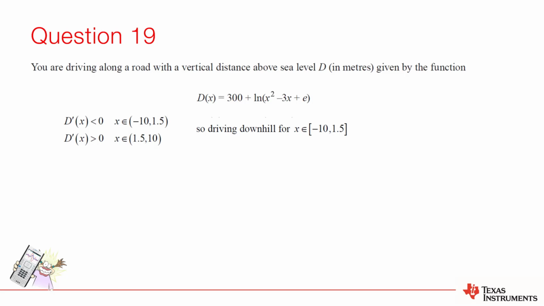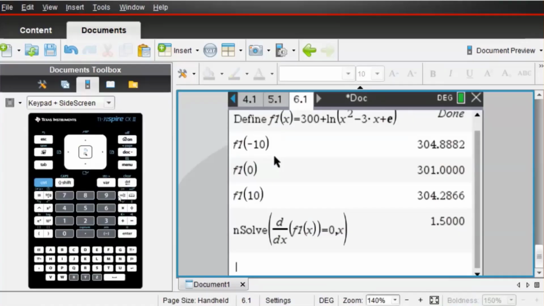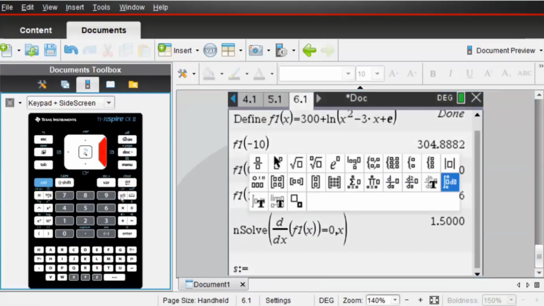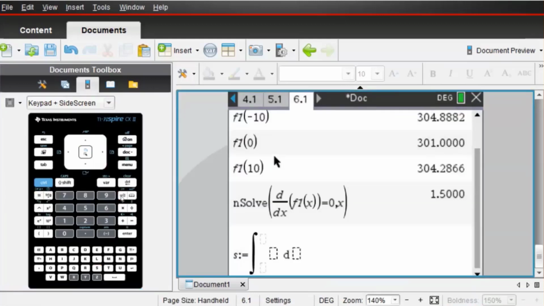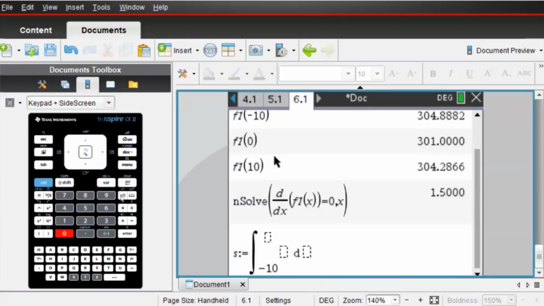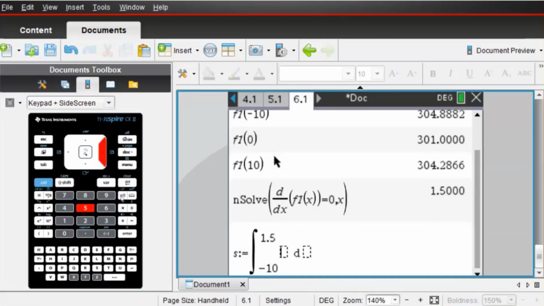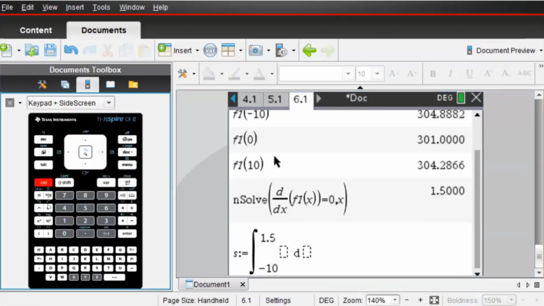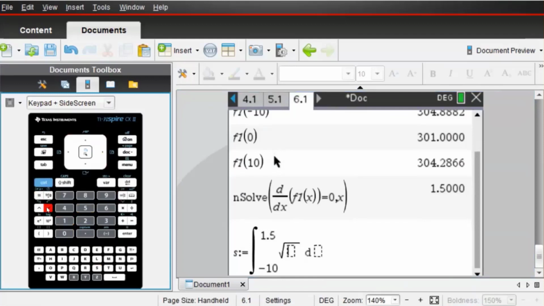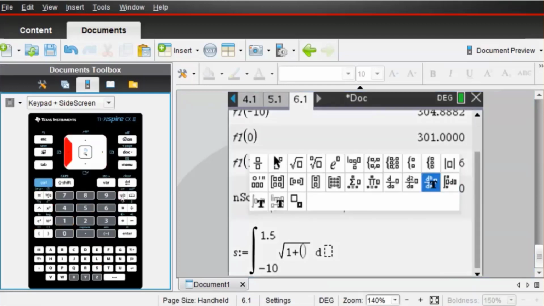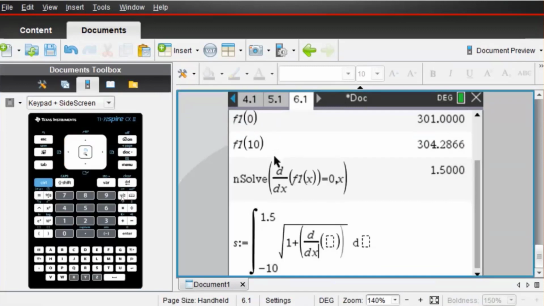Okay, so to calculate that distance, let's let S equal the integral between -10 up to 1.5 of the square root of 1 plus the square of d by dx of f1 of x.